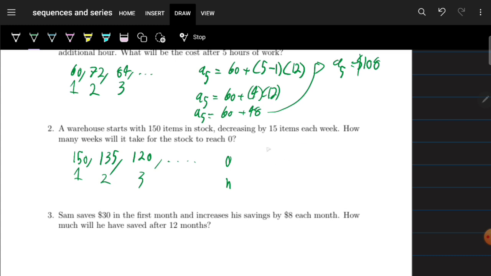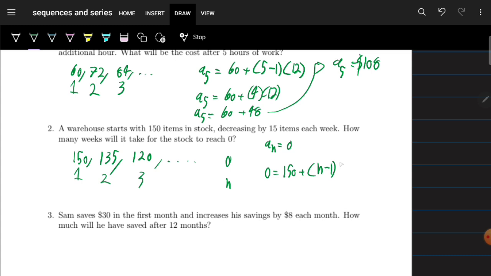So I know that an, the nth term, is 0. And so we can say 0 is equal to the first term, 150, plus the term that's going to give us 0, our nth term, minus 1 times the common difference.